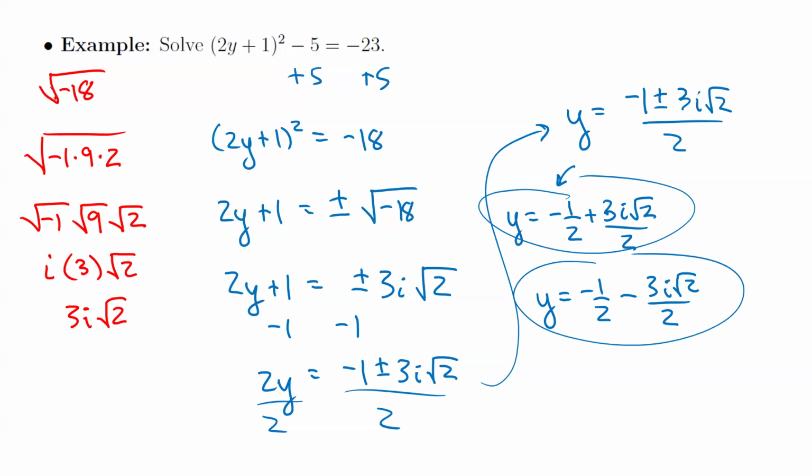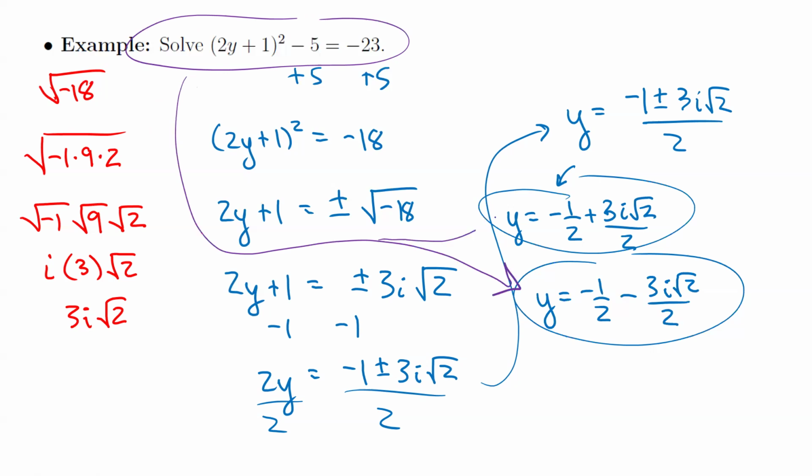One last thing I just want to point out about solving equations when there might be negatives under the square root is we do need to pay attention to what they're asking us to do. So if they ask us to solve an equation and they're not specific about what types of answers they want, so if you see something like this, solve this, then you absolutely, if you end up with imaginary numbers, would absolutely give those as answers.